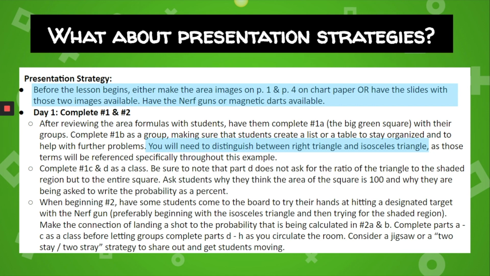I feel like they would stick to the regular board as opposed to chart paper much better. The other thing is you will need to make sure before you get started that you distinguish between a right triangle and an isosceles triangle, because there are questions about the different ones throughout the lesson.